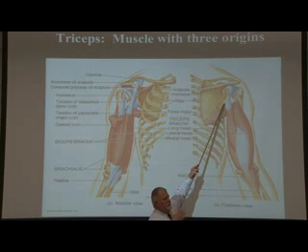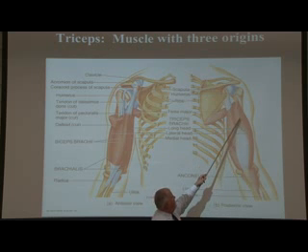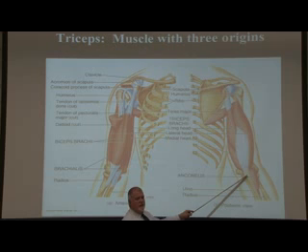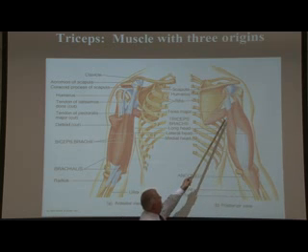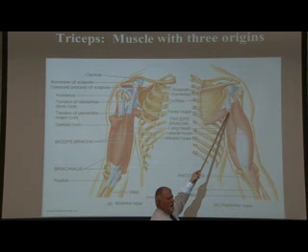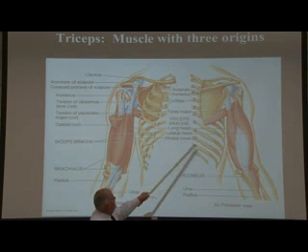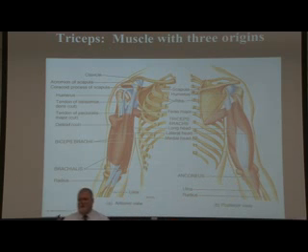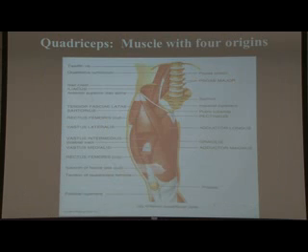So it's going to have different actions than the other two, which originate on the humerus, and then they all insert on the olecranon process of the ulna, so that they're involved in extending the forearm. But because this one crosses the shoulder joint, it's also going to have an action at the shoulder joint itself as well. So the long head, this is the lateral head, and then this small piece right here is the medial head. So three heads of one muscle, all inserting on the olecranon process.